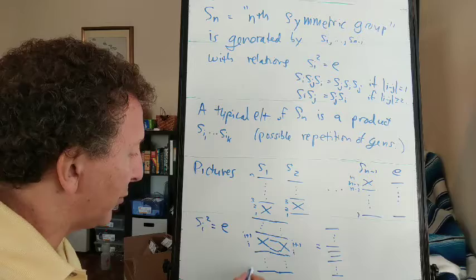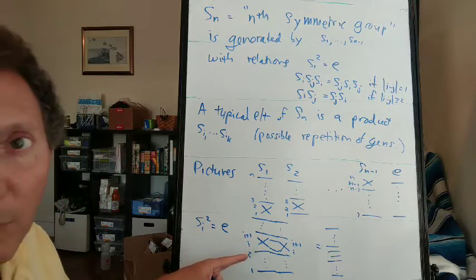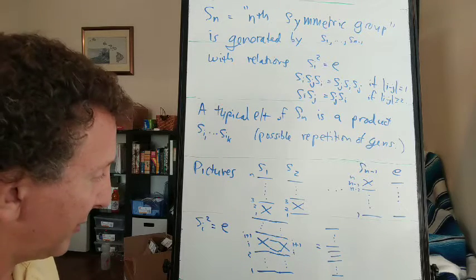So we've got a wire going from 1 to 1, 2 to 2, and whenever there's an intersection, we think of the wire as going straight through the intersection, not turning at all.